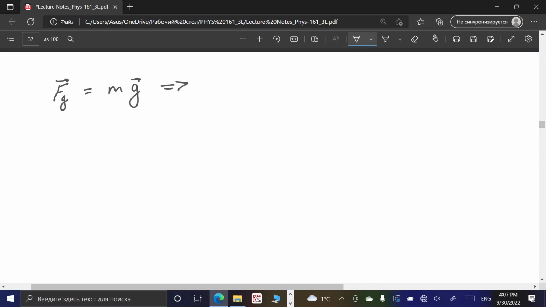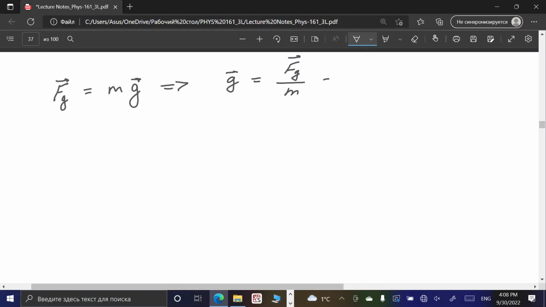How do we define this strength of the gravitational field? From here, we can show that the strength of the gravitational field is equal to Fg vector divided by m. As you remember from our first lecture on gravitation, we introduced the universal gravitational law in vector form, so we know how to express the gravitational force as a vector.